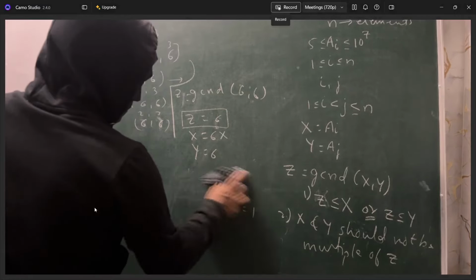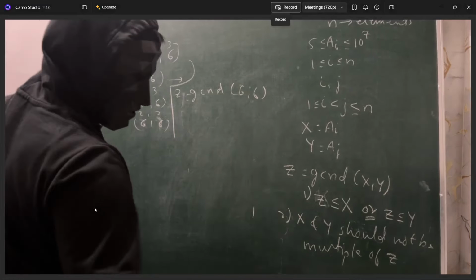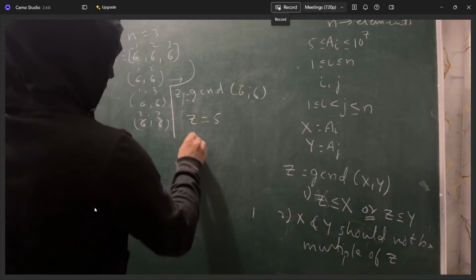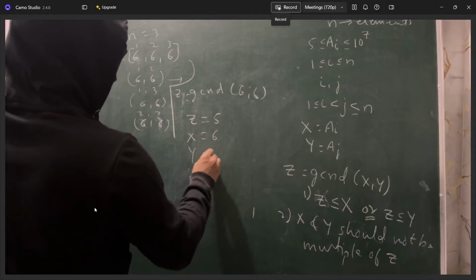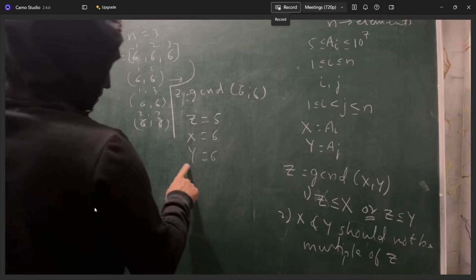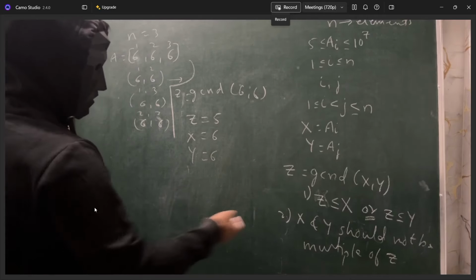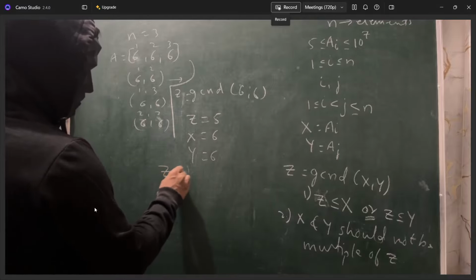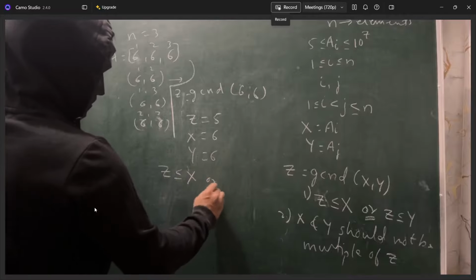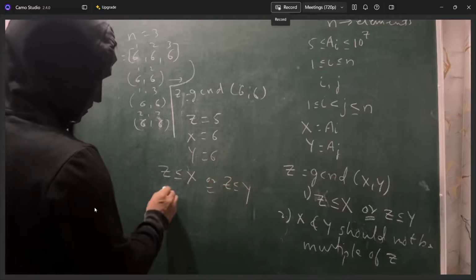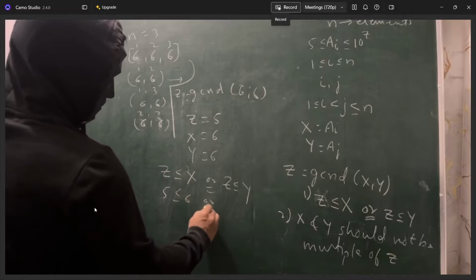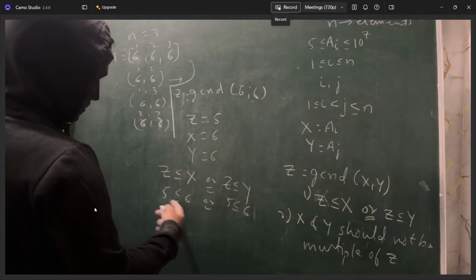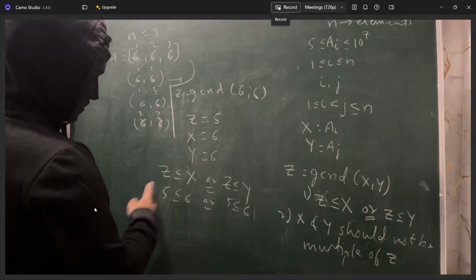Let's try to take z equal to 5, x you are having 6, y also you are having 6. So now let's take the first condition, wherein z less than or equal to x or z less than or equal to y. So it is 5, it is also 5, so both are correct, right? 5 less than or equal to 6 is true, so even if one is true, it is true.